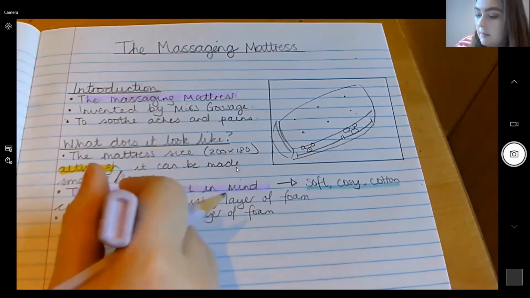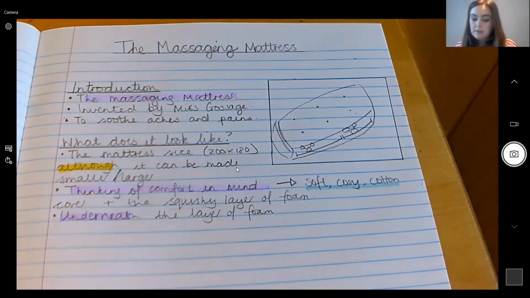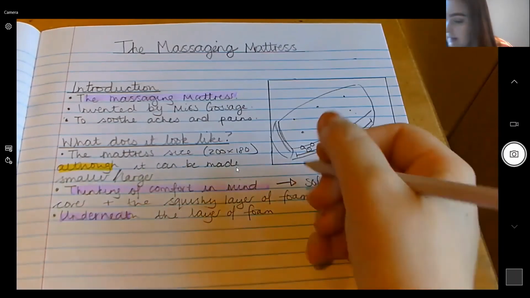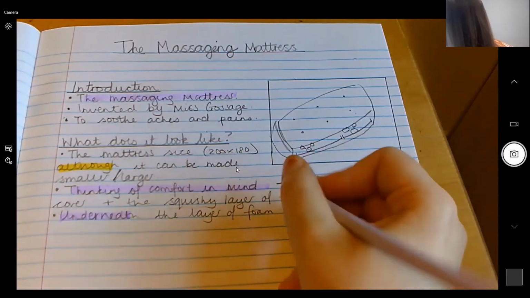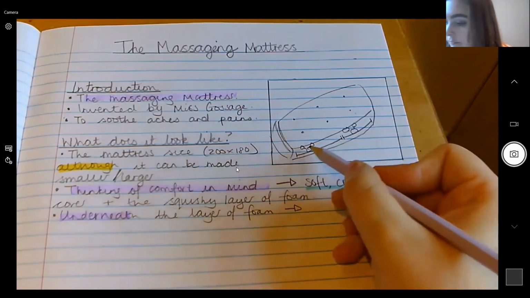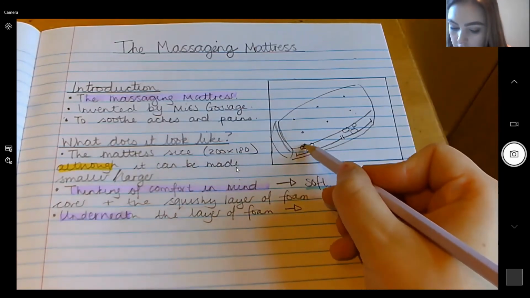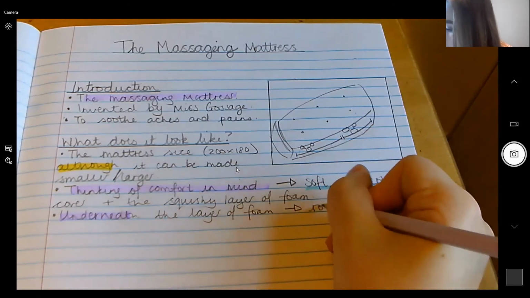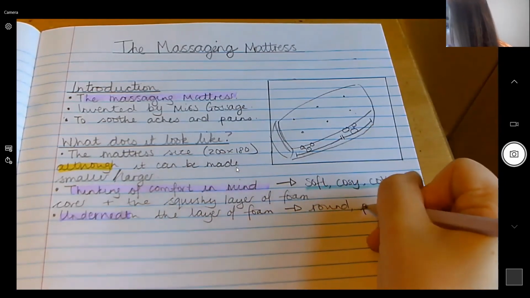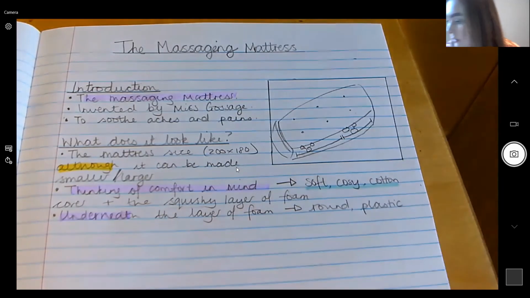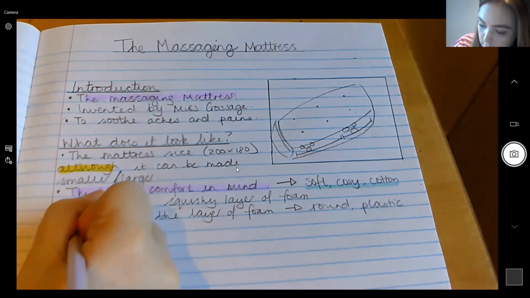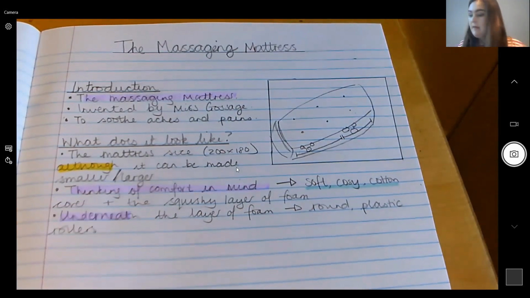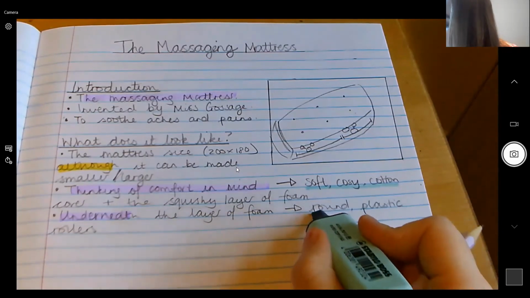There is another interesting way to start my sentence. And then I'm going to talk about how underneath the layer of foam, there are the rollers. And I'm going to write round plastic rollers. Now that there is an expanded noun phrase.